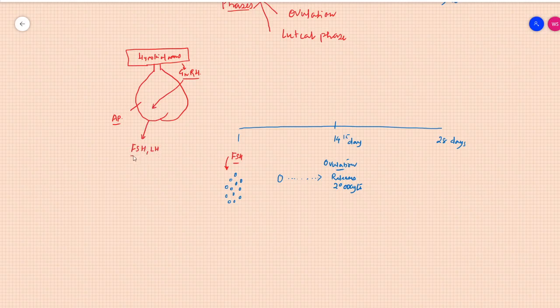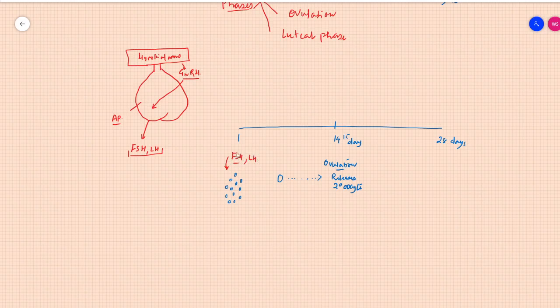So this FSH and LH act on the follicles, and these two hormones are responsible for the development of the follicles.